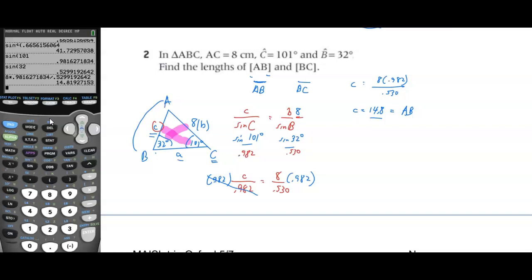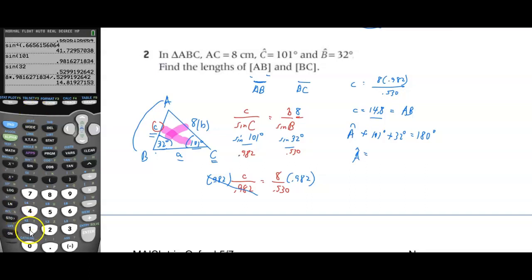And here's a little trick. If you know that 32 degrees and 101 degrees are the other two angles in the triangle, aren't all the angles supposed to add up to 180? Which means that angle A plus 101 plus 32 should be equal to 180 degrees. So actually angle A is equal to 180 minus 101 minus 32.